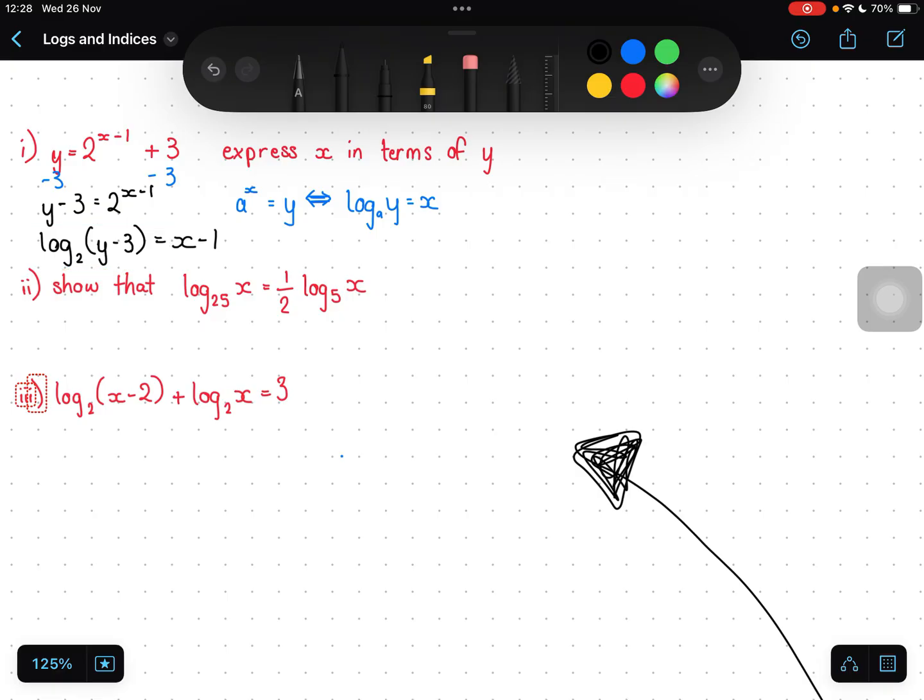So I didn't really give myself enough space here. If I can just drag that over here, and rewrite that whole thing.